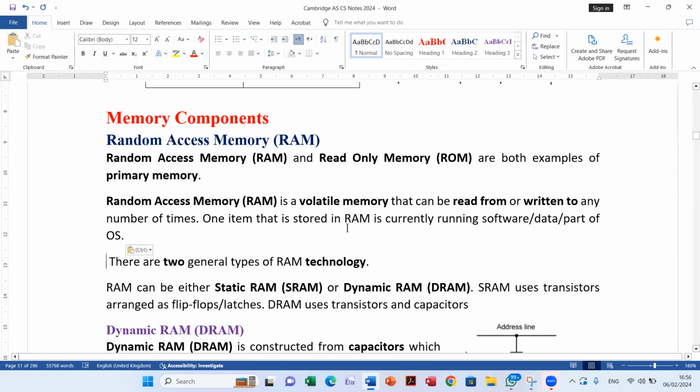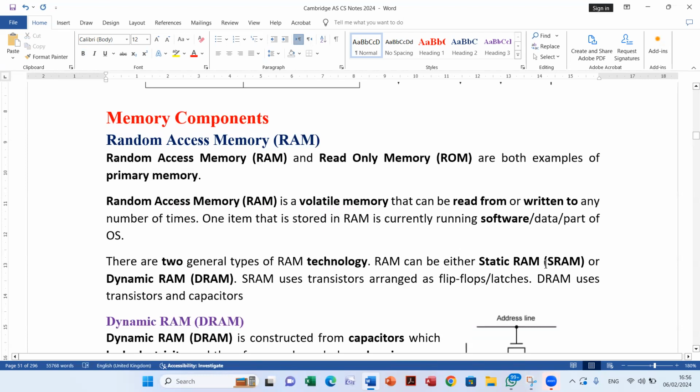One item that is stored in the RAM is currently running software, data, and part of the operating system. So the RAM holds the running software and data and part of the operating system. Then there are two general types of RAM technology. RAM can be either static RAM, SRAM, or dynamic RAM, DRAM.